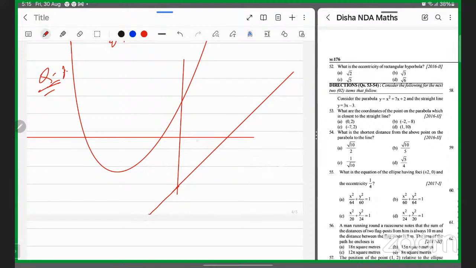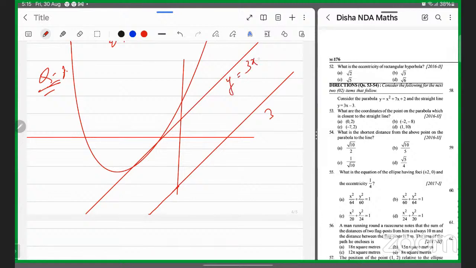So the tangent parallel to this line and the contact point. Very, very important concepts. A tangent parallel to this line: the line has slope 3. Any problem?